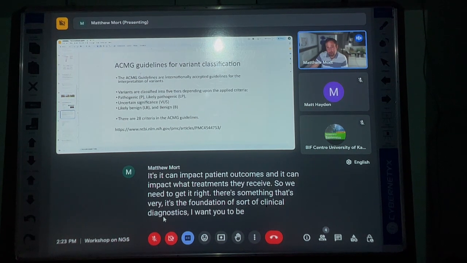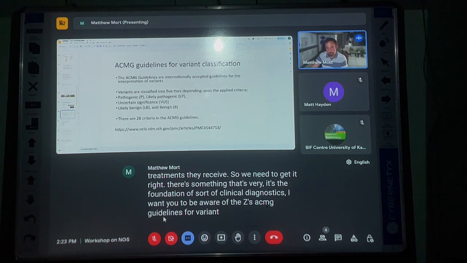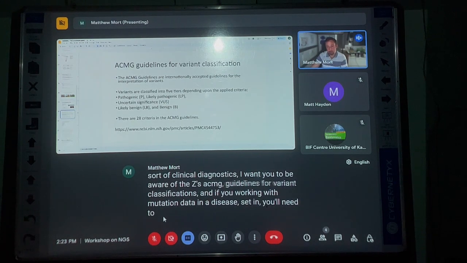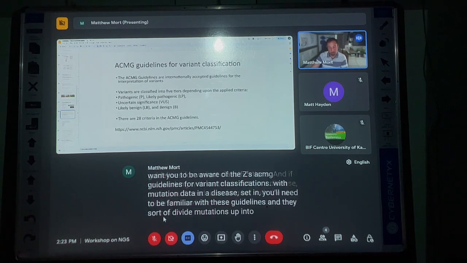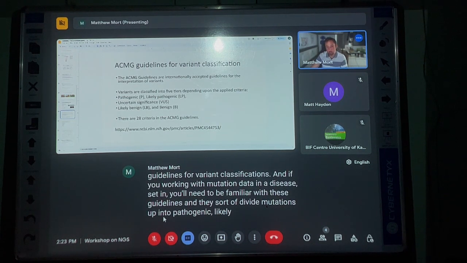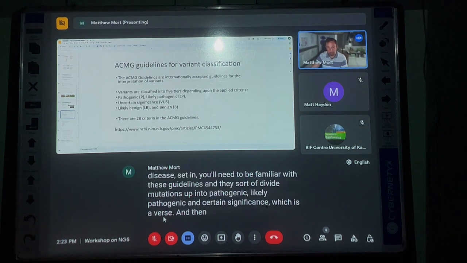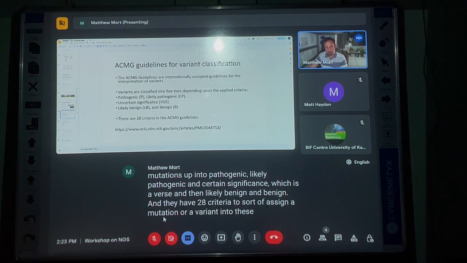I want you to be aware that there are these HGMD guidelines for variant classification, and if you're working with mutation data in a disease setting, you'll need to be familiar with these guidelines. They divide mutations up into pathogenic, likely pathogenic, uncertain significance, which is a bus, and then likely benign, and they have 28 criteria to assign a variant into these categories.